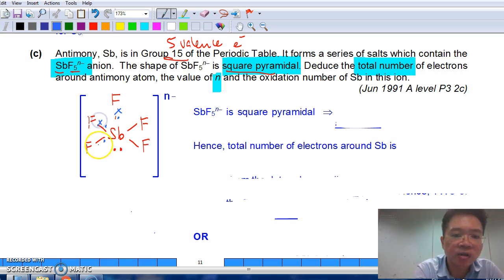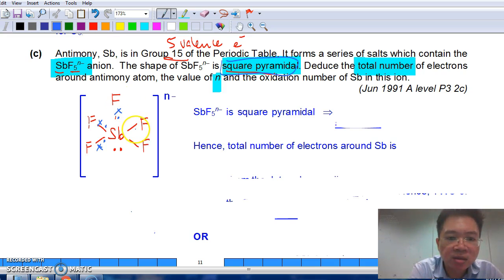The other electron comes from the fluorine. Then how about these 2 fluorine? What is the type of bonding? Sb has no more electrons: 3 electrons used for bonding, 2 electrons are the lone pair. It's a lone pair because the shape is fixed for you, a square pyramidal that requires a lone pair.